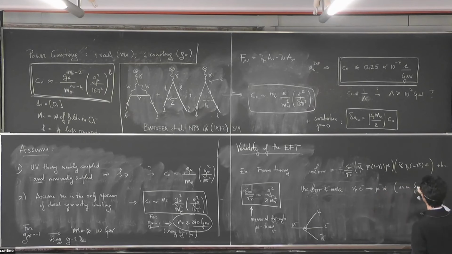And this is the Gargamelle experiment at CERN, I think in 1973. So it's a real process which has been measured, and in fact it was a sort of background to the neutral current signature.